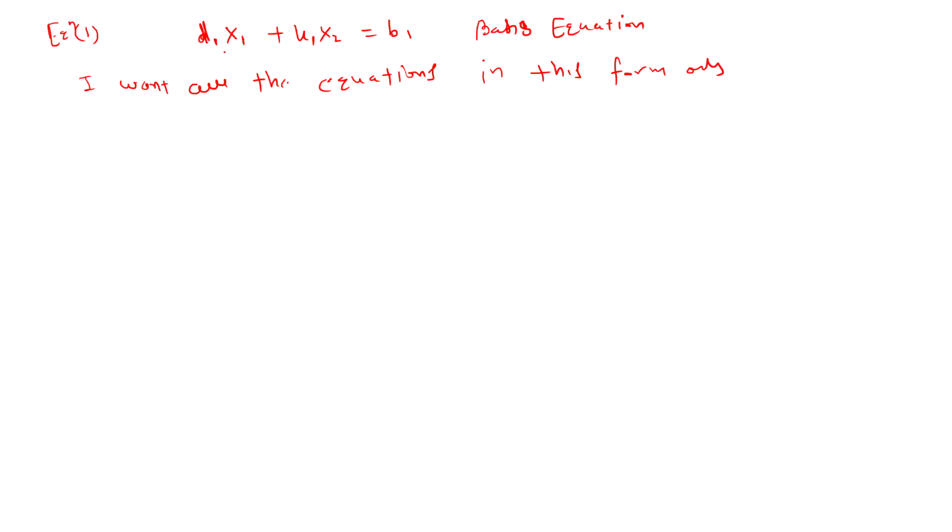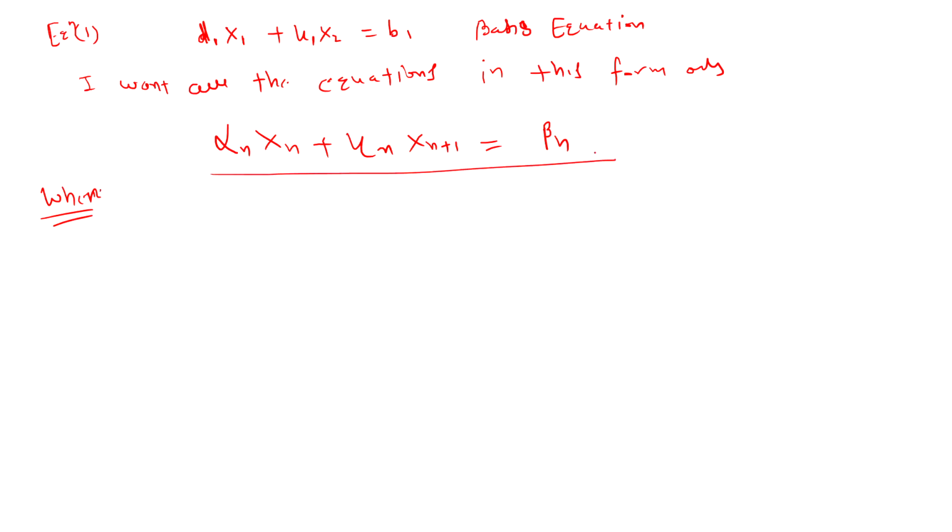That we will have some alpha n xn plus un xn plus 1 is equal to beta n. So this is what we want to find out.